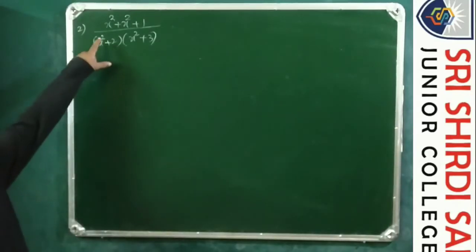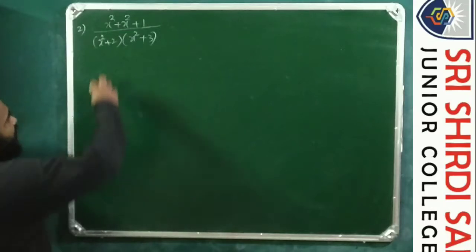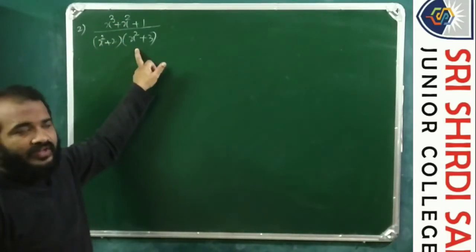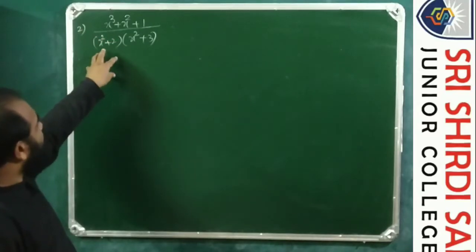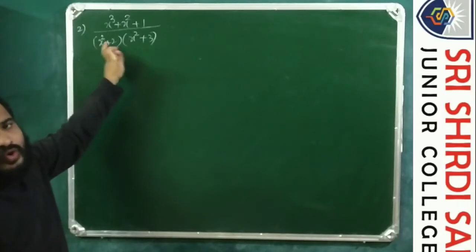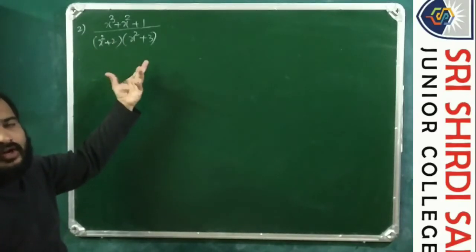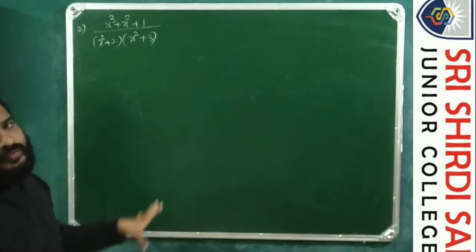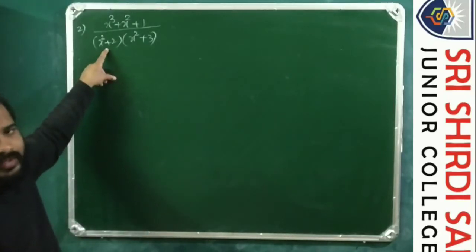The next question is resolve x cube plus x square plus 1 by x square plus 2 into x square plus 3. So here the denominator contains two quadratic factors. Which kind of quadratic factors? Reducible or irreducible? Irreducible quadratic factors, because of b square minus 4ac.